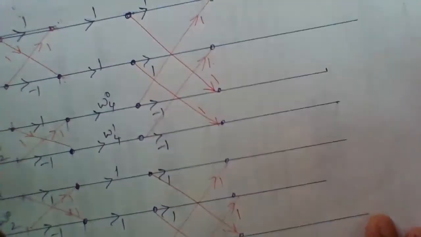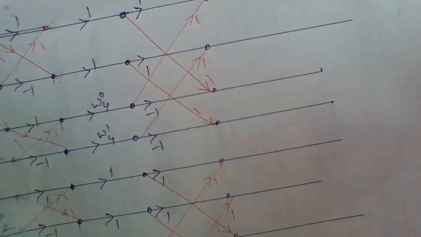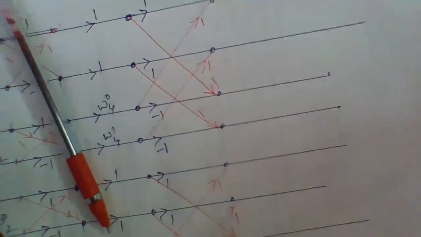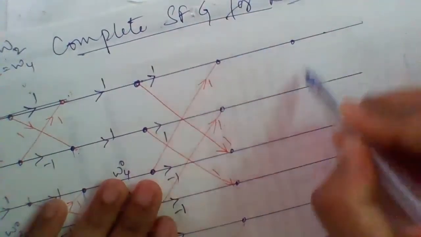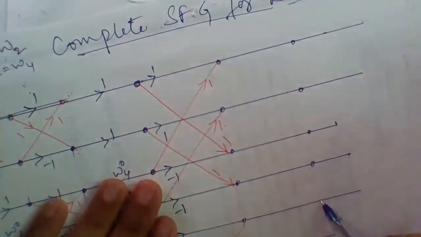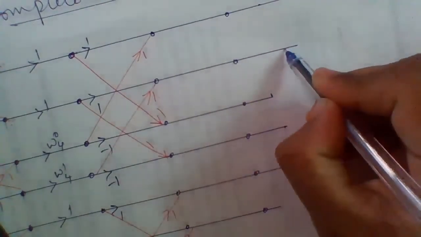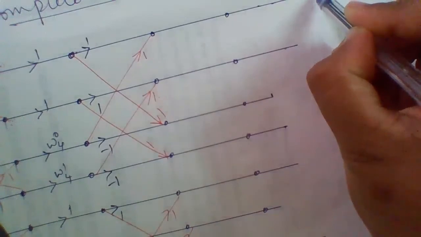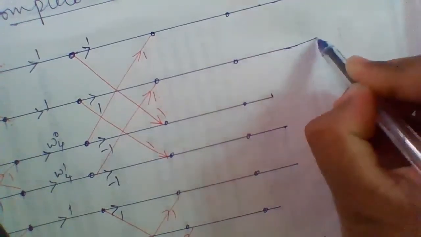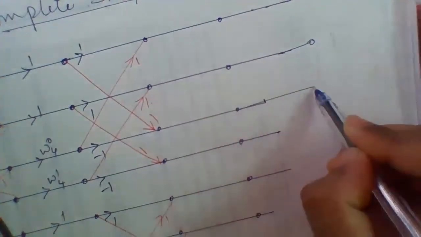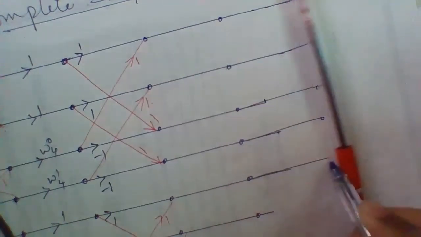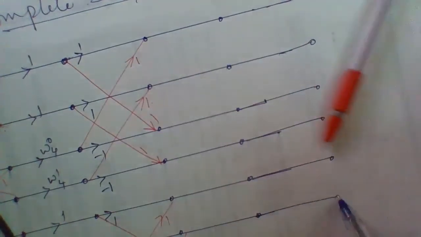Now the third stage. The third stage also needs space here. Once you complete the second stage, in the next portion you have to assign the twiddle factors for the third stage, so extend them so that you can neatly join all the branches.